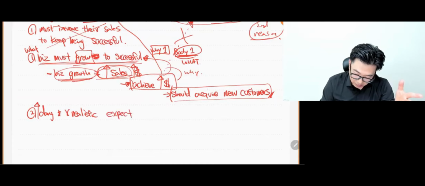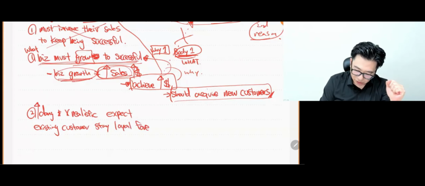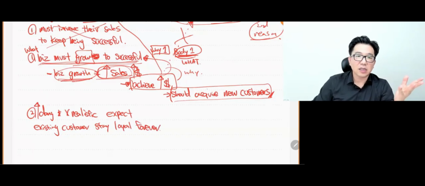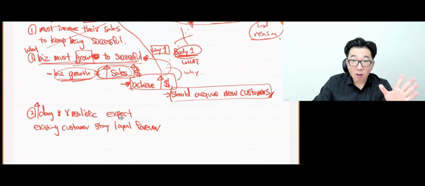Expect that your existing customers stay loyal to your business forever. Okay? I mean, you can write it in so many different sentences, as I showed you on my first topic sentence. You could just simply say, businesses could easily lose some, if not all, of their existing customers to their competitors.